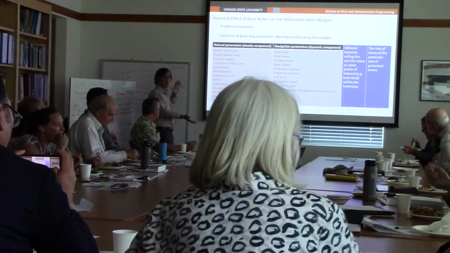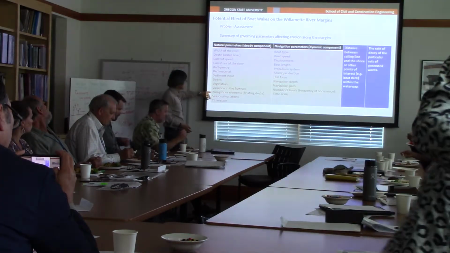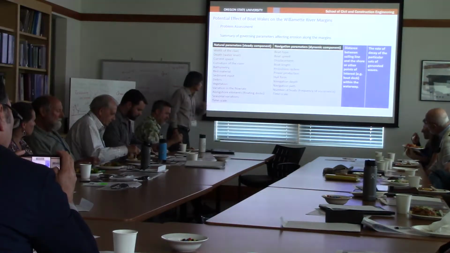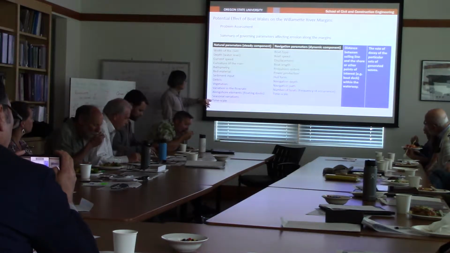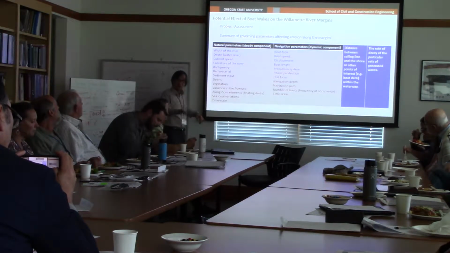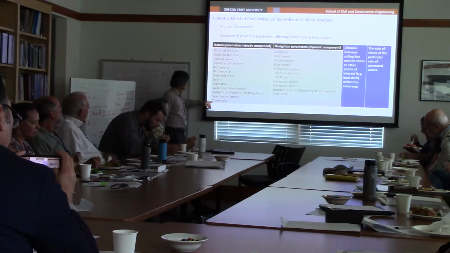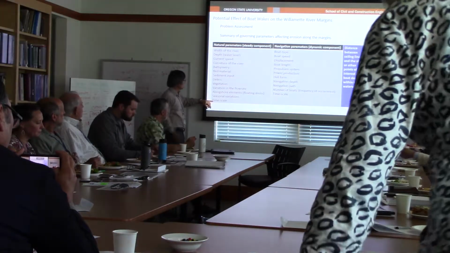All those we need to include in our modeling and simulation. Floating bulldogs, of course, are part of the environment. Seasonal variation, dry weather, and then you have the river.